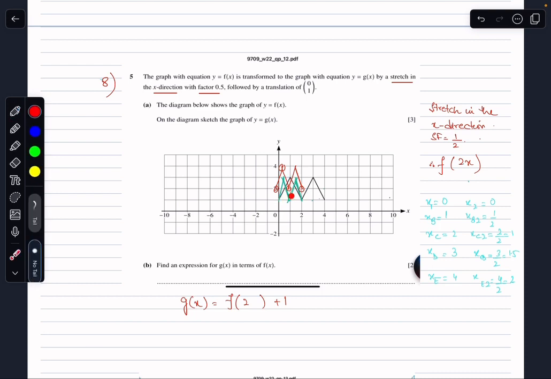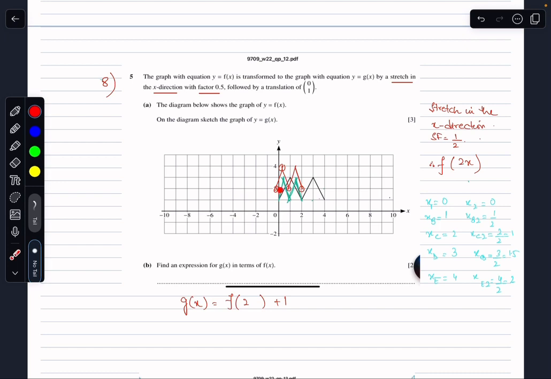This 1 here should get transformed to 1 by 2, meaning it should come here. This 2 here should get transformed to 1, meaning it should be coming here. This 3 should get transformed to 3 by 2, meaning 1.5, it should be here. And 4 divided by 2, so there is a stretch by 2 units, therefore it should be transformed over here.